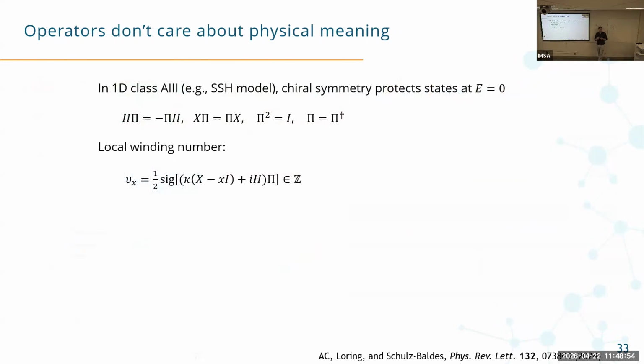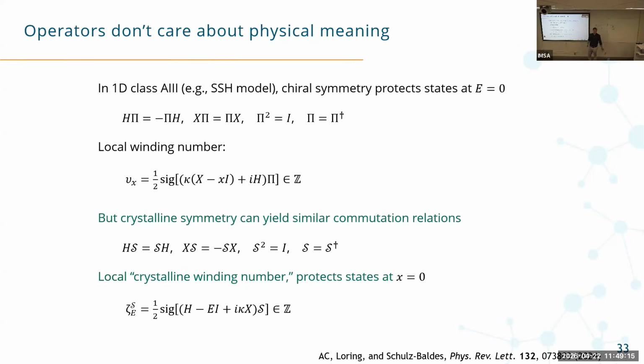Because this is now just a statement of matrix homotopy and operator algebras, the physics can be abstracted away, and we can easily generate other invariants for different flavors of topology. So just as I was saying that we had a chiral symmetry that anti-commutes with the Hamiltonian, commutes with the position operator, and squares to 1, which gave us a winding number, you can reverse this.